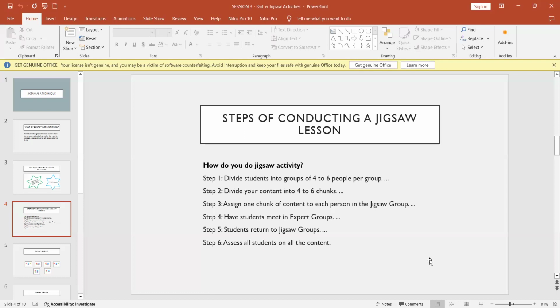Step 3, assign one chunk of content to each person in the jigsaw group. Step 4, have students meet in expert groups. Step 5, students return to jigsaw groups. Step 6, assess all students on all the content. Right. Very good. So that I have explained now, so you understand.